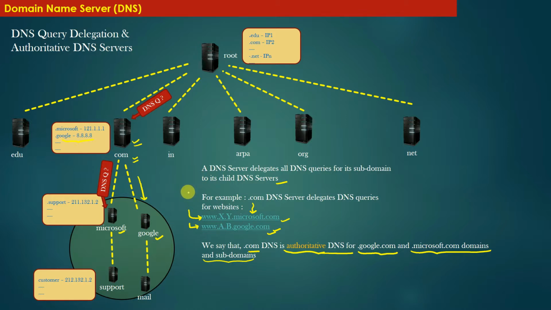For example, microsoft.com is a domain and this domain comes under the .com DNS server. Therefore, the .com DNS server is an authoritative DNS server for the microsoft.com domain.